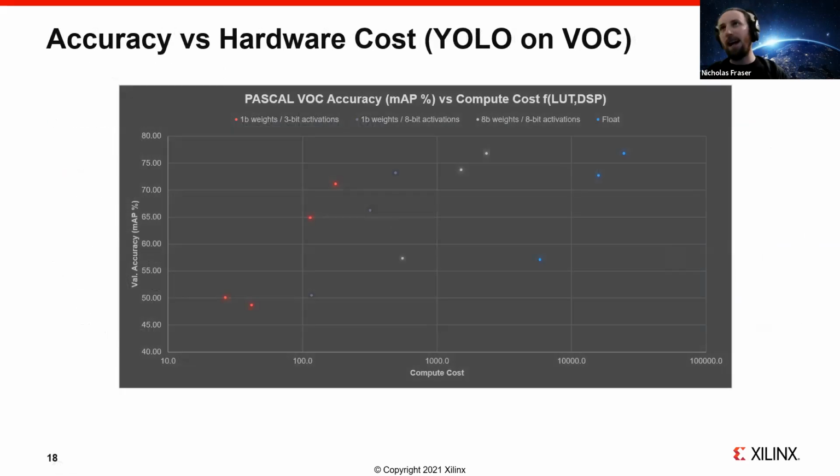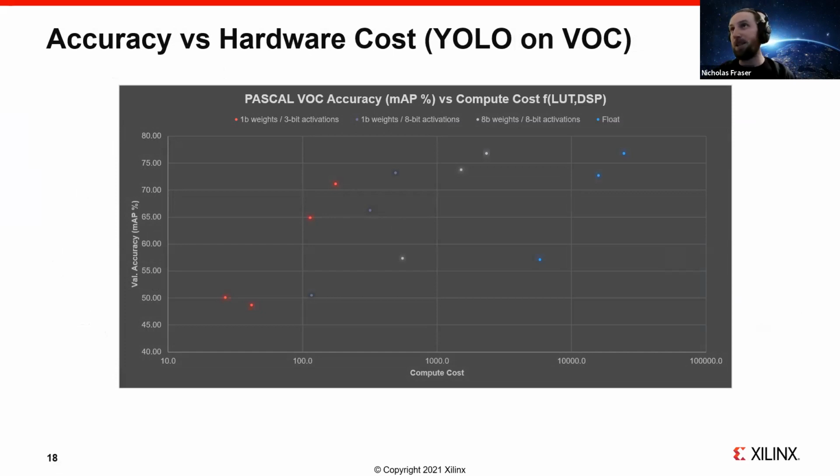Okay, the accuracy story gets a little bit more complicated. In general, what happens when we reduce the precision of a neural network is that we reduce the accuracy a little bit.